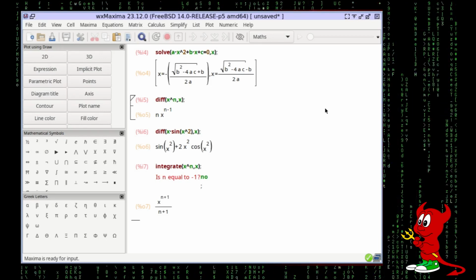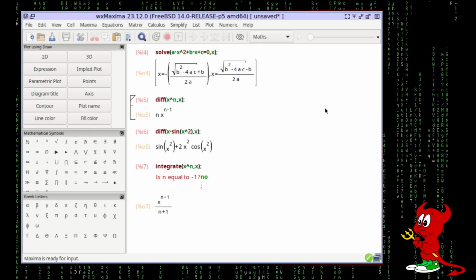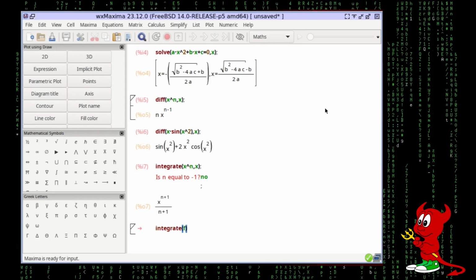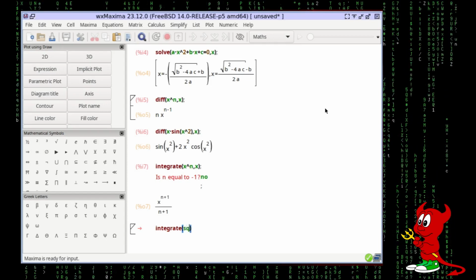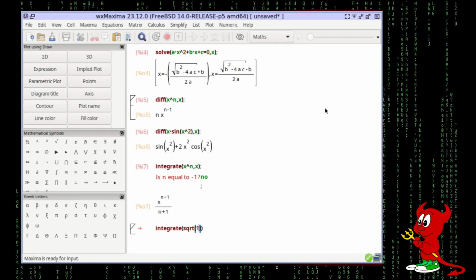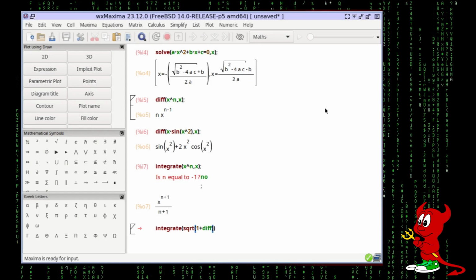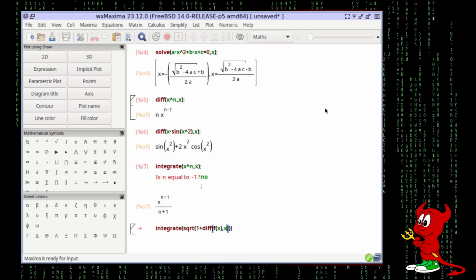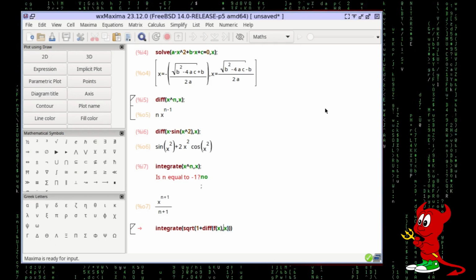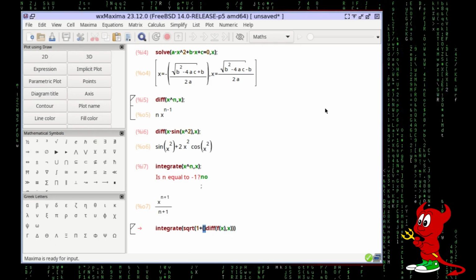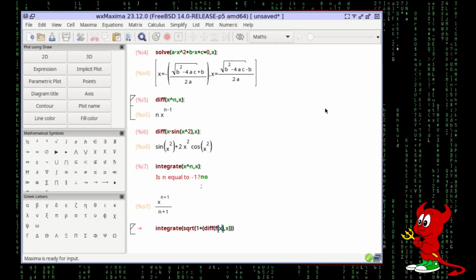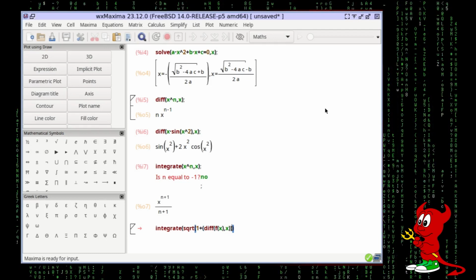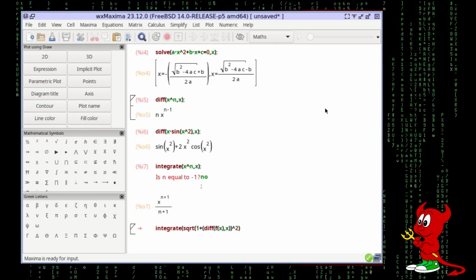For that, if you remember, to compute the length of an arc, we need to integrate a function, the square root of 1 plus the derivative of f of x in x, squared, in x.